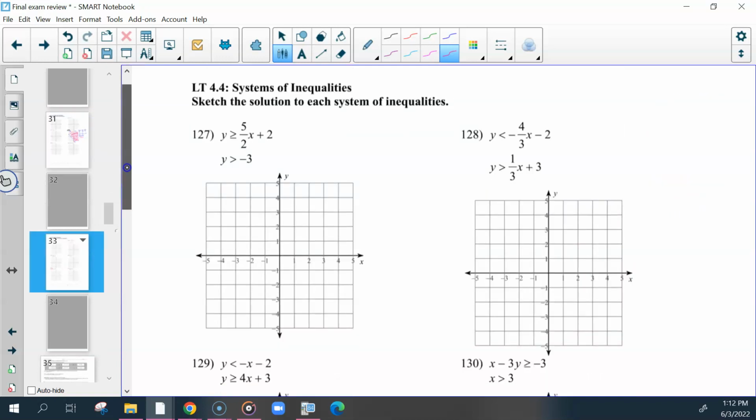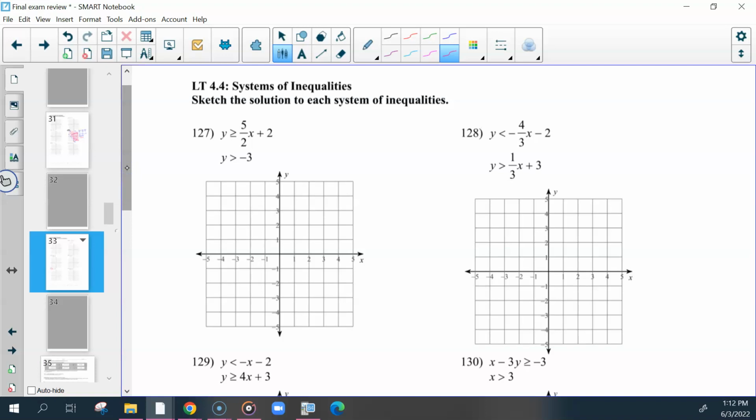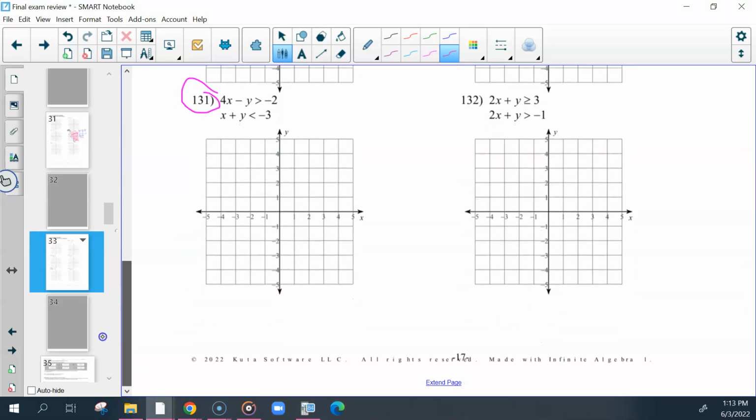On the next page, last objective for inequalities, your systems of inequalities. So there's 2. We're going to do 131 at the bottom. We will need to solve both of these. I'm going to do that at the same time.